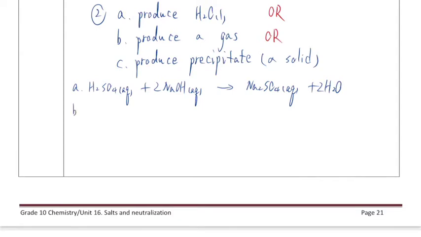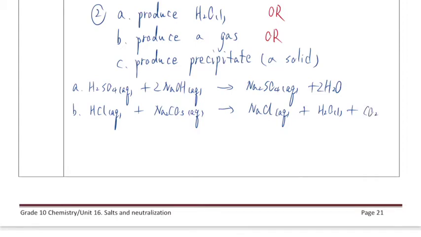And for B, okay, I can also give you an example. So if we have hydrochloric acid, and we also put sodium carbonate, then we would have sodium chloride formed, which is soluble, and then water, and also we would have carbon dioxide.